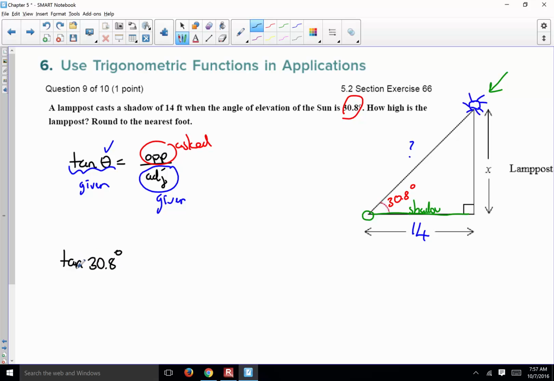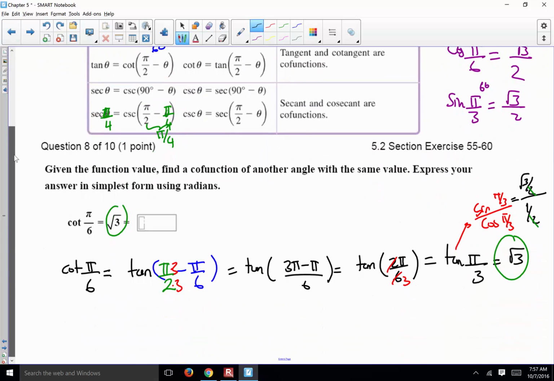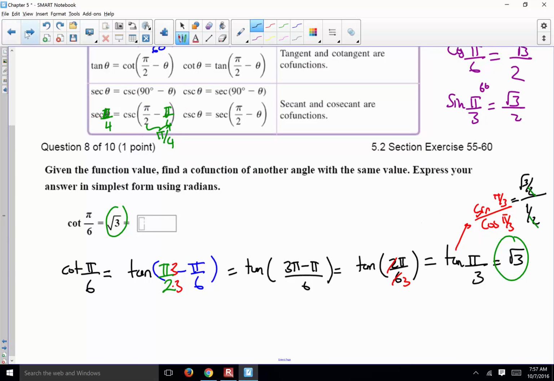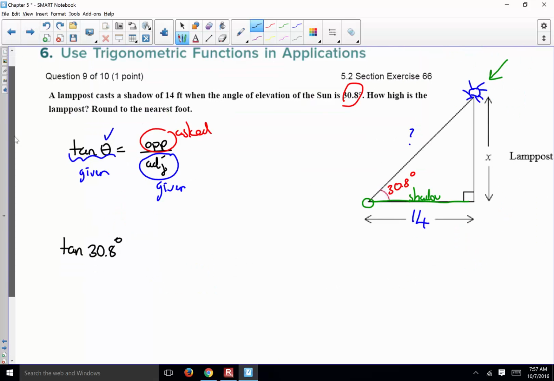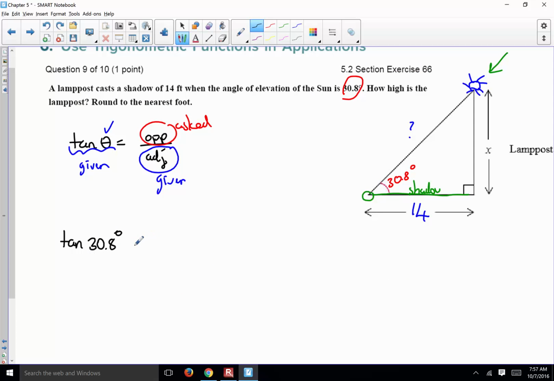Alright, let's put everything back in place, but we definitely need a calculator because I don't have this value on the table. I don't know, tangent 30.8. It's almost 30 with some change. Okay? What was tangent 30? We figured it out. No, this is 60 we found. Tangent 30 is root 3 over 3. But this is a little bit more than root 3 over 3. So you need to get a decimal value here.